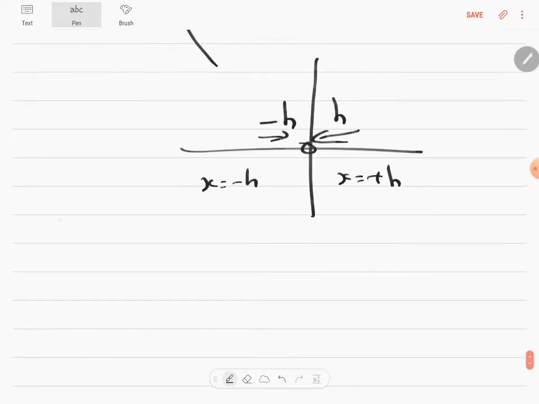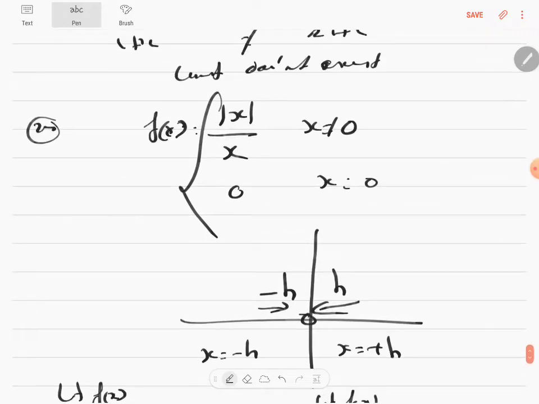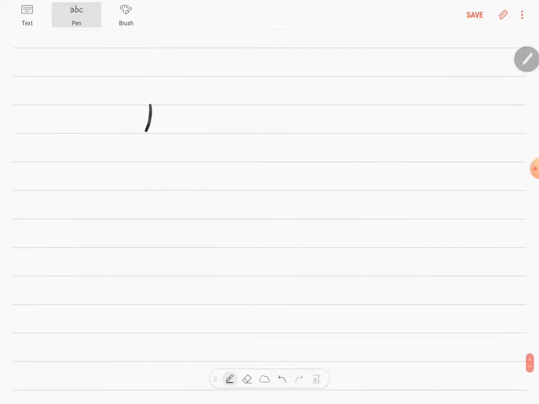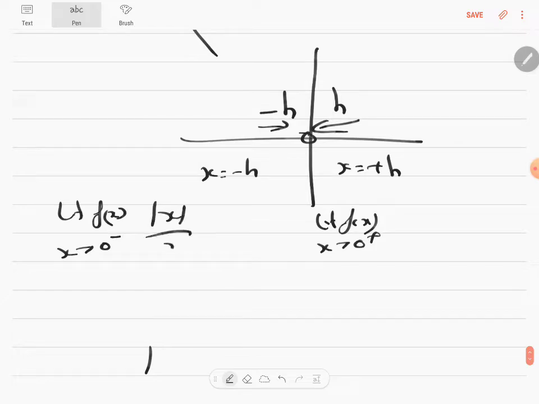So then you go to limit of f of x as x tends to 0 from the left, and limit of f of x as x tends to 0 from the right. For the left and for the right, both use the formula mod x by x, because they have given x not equal to 0, which means from the left also, from the right also, it is simply mod x by x.